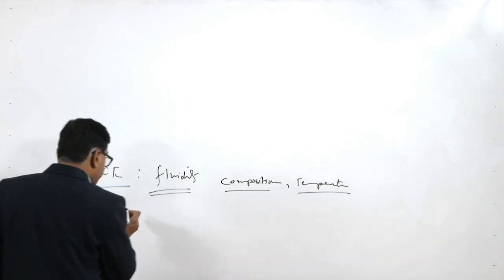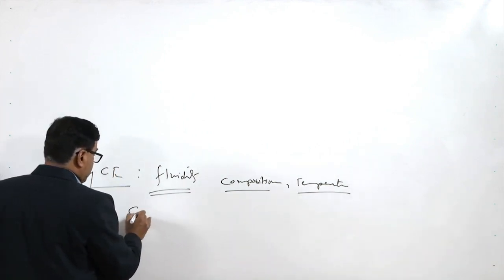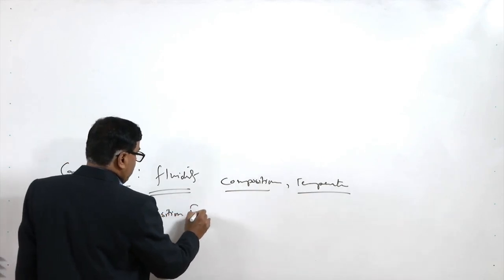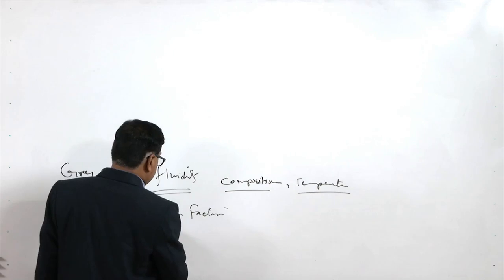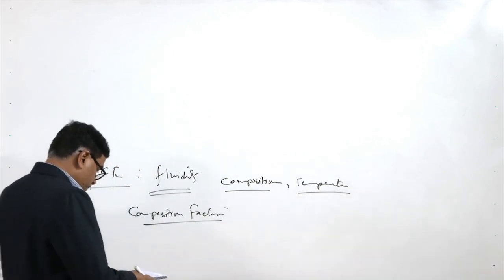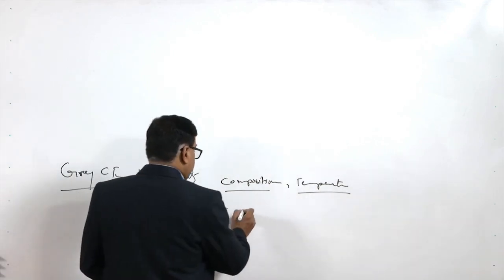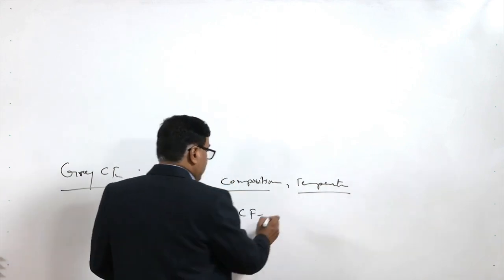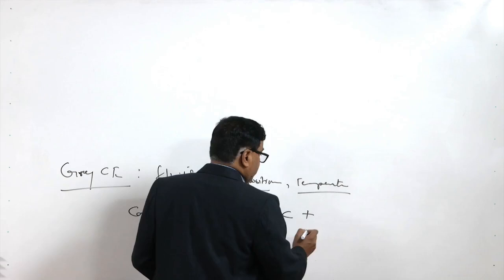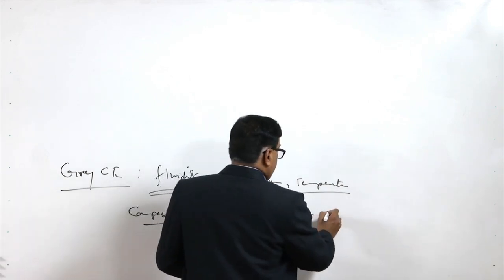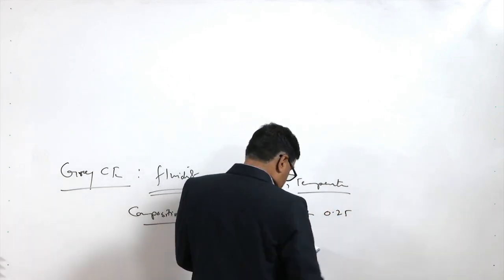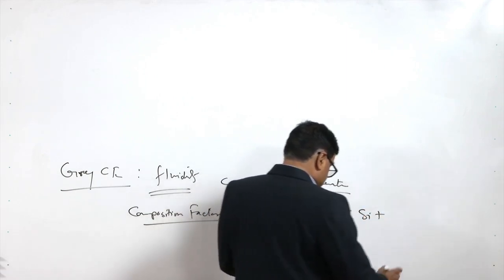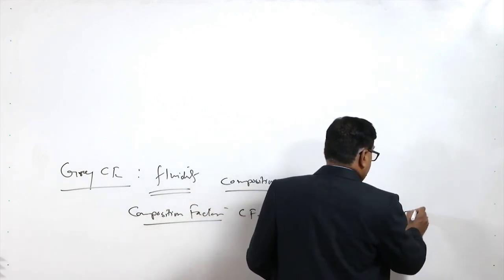So, what we determine in this case is basically the composition factor first, to see how the composition is affecting, and for this an empirical relation has been developed: Cf is equal to the weight percentage of carbon, plus 0.25 of the silicon, plus 0.5 of the phosphorus.